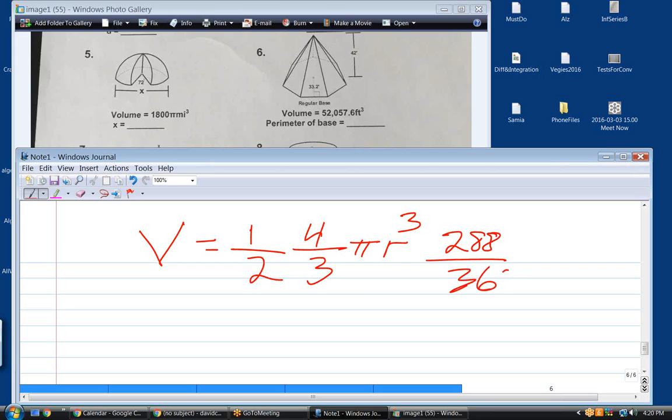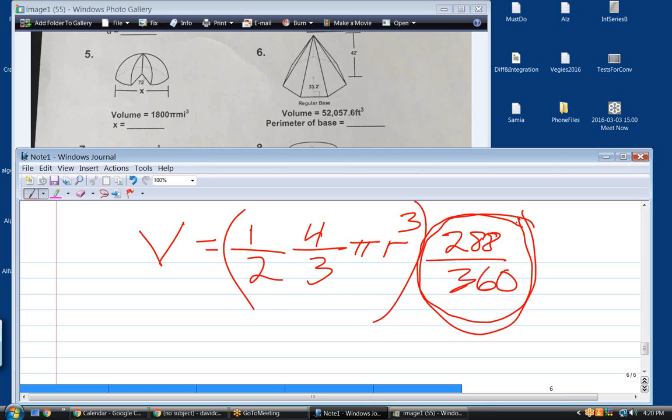Right. 360 is the full circle. We're only missing 72 of it. So if I subtract 360 minus 72, I get 288. So that right there represents the fraction that thing is of a full hemisphere. Well, here's the volume of the full hemisphere. There's the fractional part that we have.